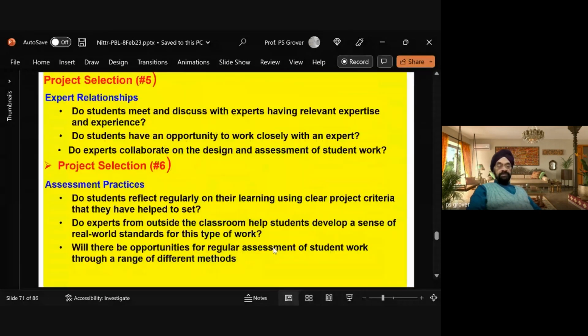These are 5 or 6 ideas which I'm quickly going through because of time constraints, which you can use to decide how to select projects where student learning is there. As I mentioned in the beginning, when I say learning, I mean the expected learning. So I select a project which is expected to meet that learning and so on.